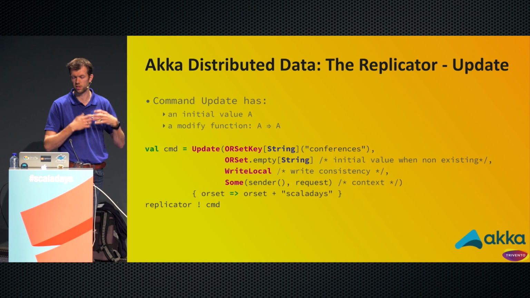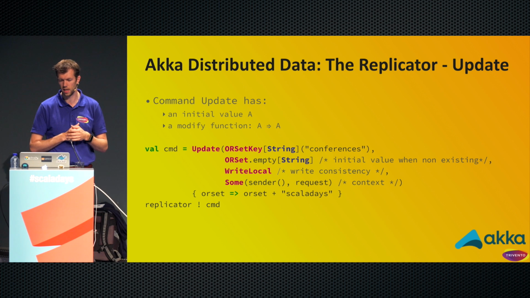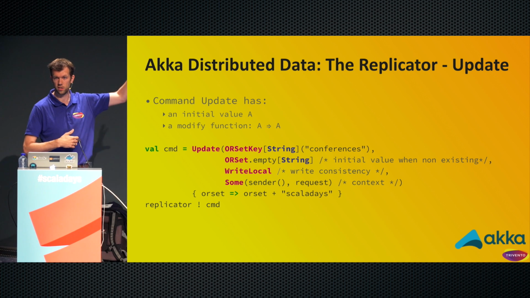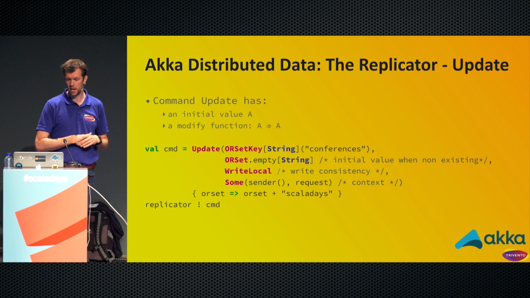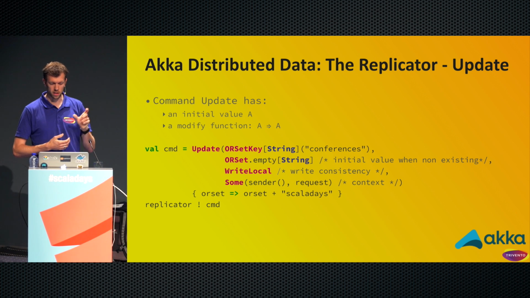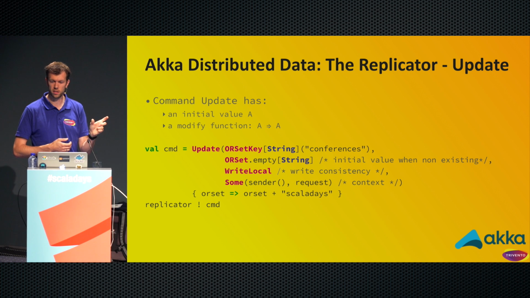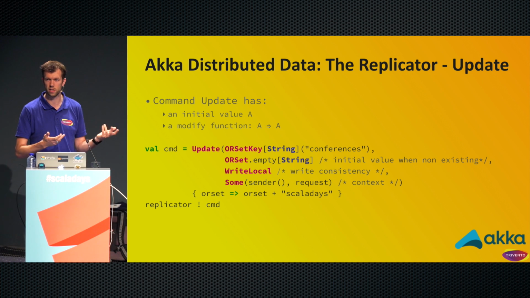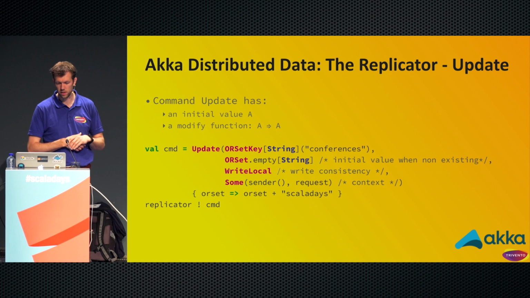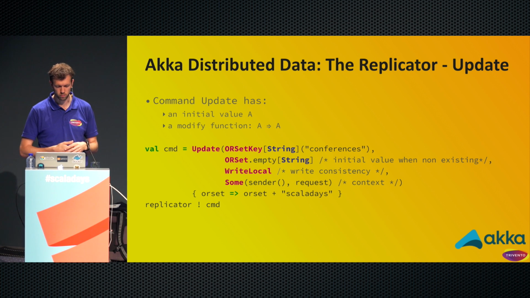It's an OR set, which means observed remove, and later on I will go into more detail about that. But for now, it's just the set structure, and it contains strings, as you can see in the type. And the key to the place where it is a string, and it's conferences in this case. So when it's not there, I give an initial value, which is the empty set.